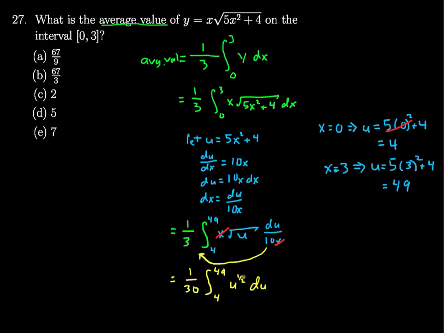I have a power function right here, so I add 1 up here, divide by that, so just running out of room, so I'm going to get that's equal to 1 over 30. If I add 1 to 1/2, I get, so I'll put multiplied by u to the 3/2.